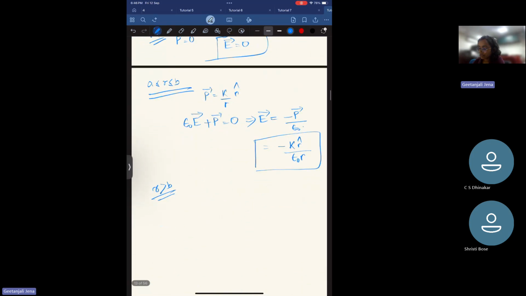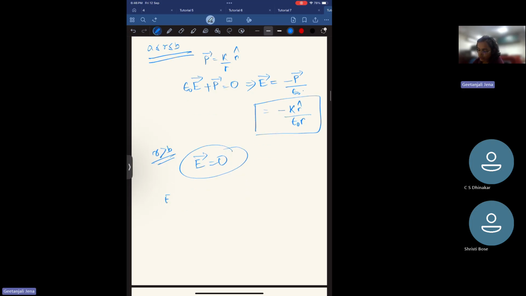So that is why the electric field is also 0 here. Okay. So electric field is 0 when r less than A, and it is minus K by epsilon naught r r̂ for A less than r less than B, and it is 0 when r greater than B.